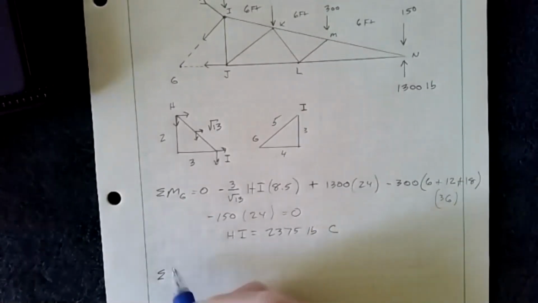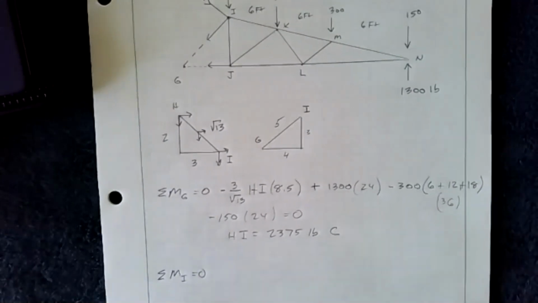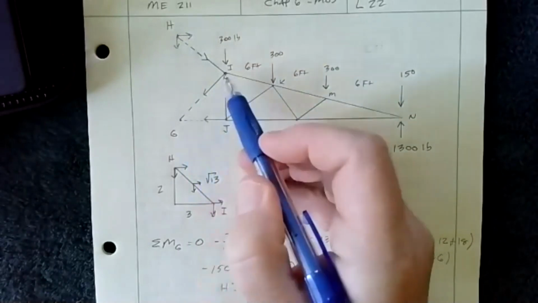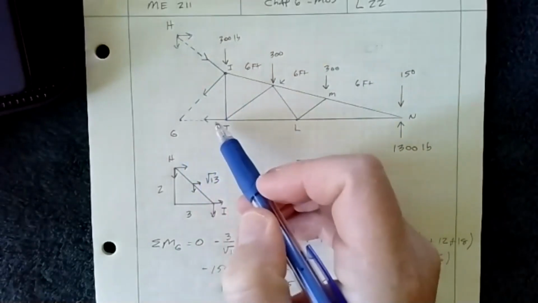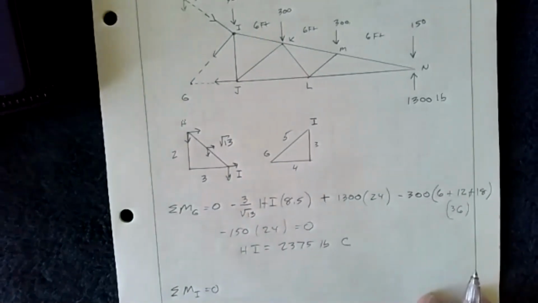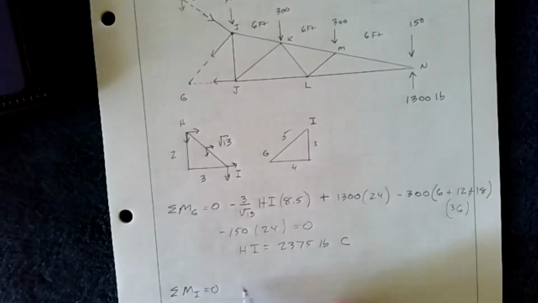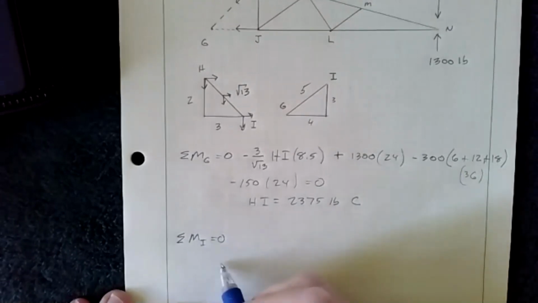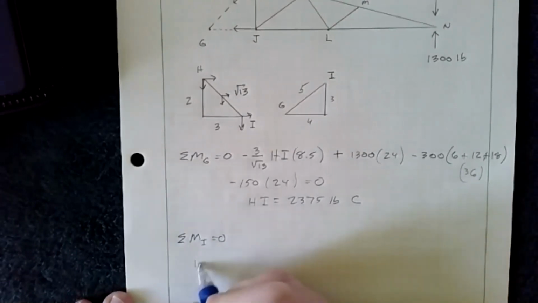All right, so let's go ahead. Another way: sum the moments about I is 0. Now, if I sum the moment about I, that gets rid of HI and GI, so I can solve for just GJ. If I do that, then I get a similar type of problem. I get 1,300.